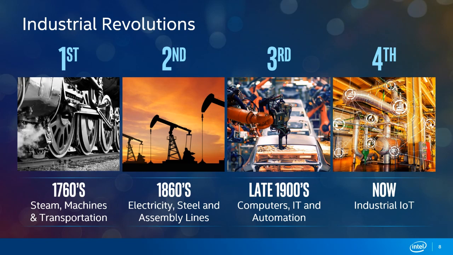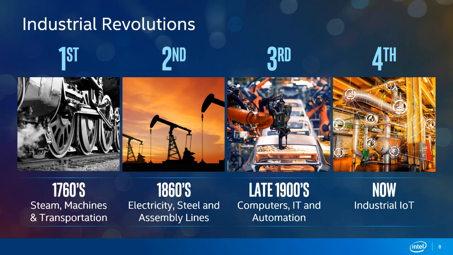More currently was the third industrial revolution, which was more of a digital revolution. The mechanical and analog solutions that we're using transition to digital electronics like personal computers and programmable logic controllers. The three elements that came together to spark the third industrial revolution were computers, IT, and automation.